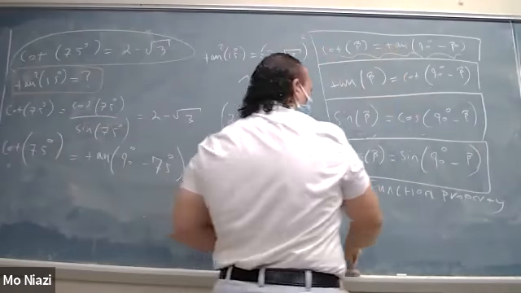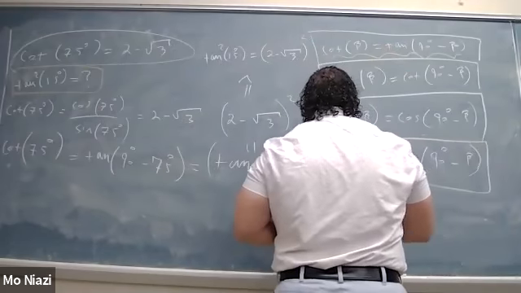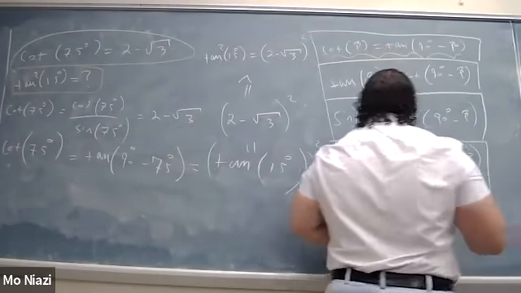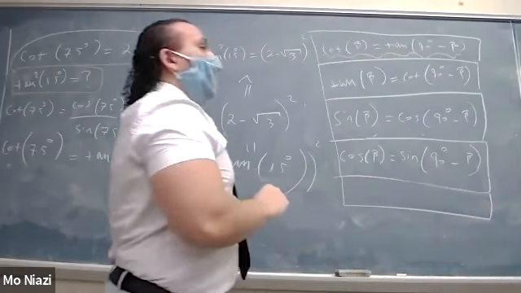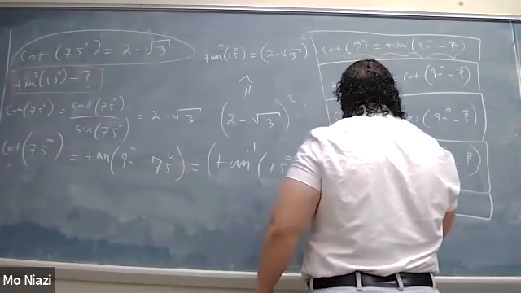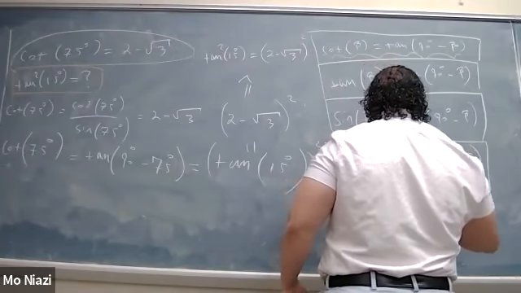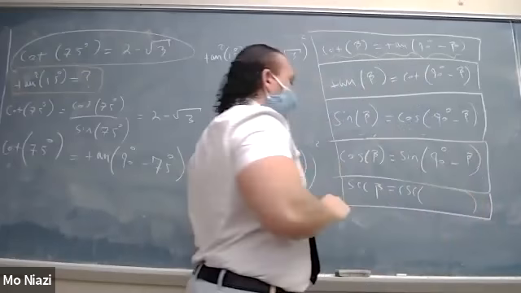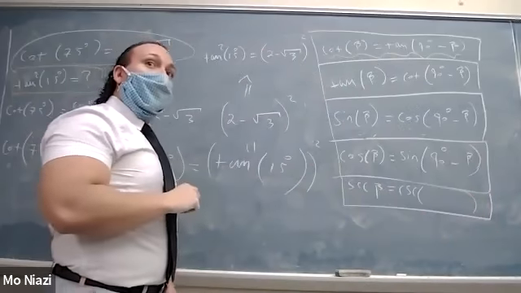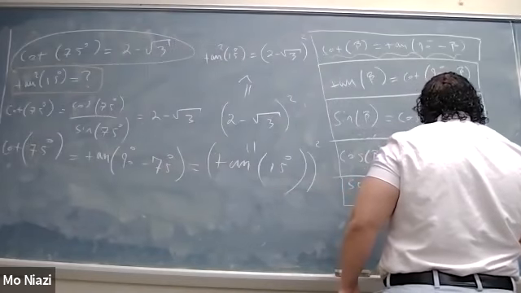Okay, now that you know why cofunctions are called cofunctions, create a cofunction identity for secant and cosecant. What is the secant of beta? It's the cosecant of what? Yeah, 90 degrees minus beta.